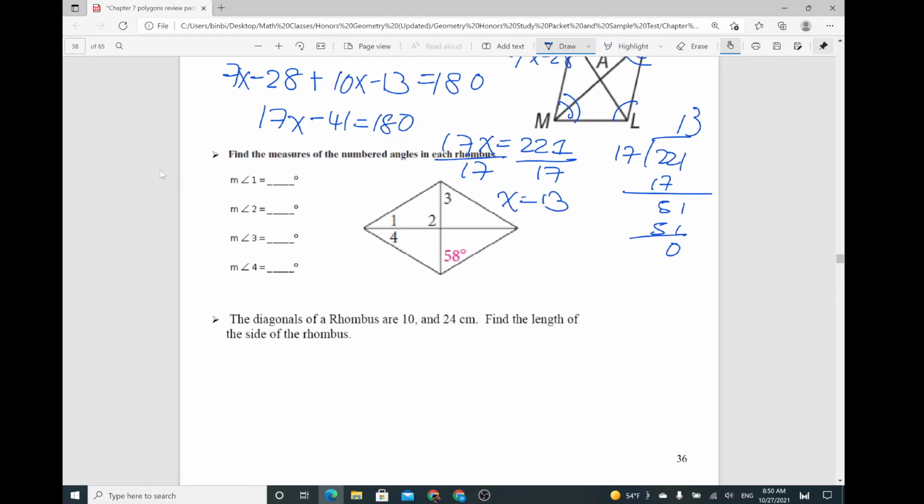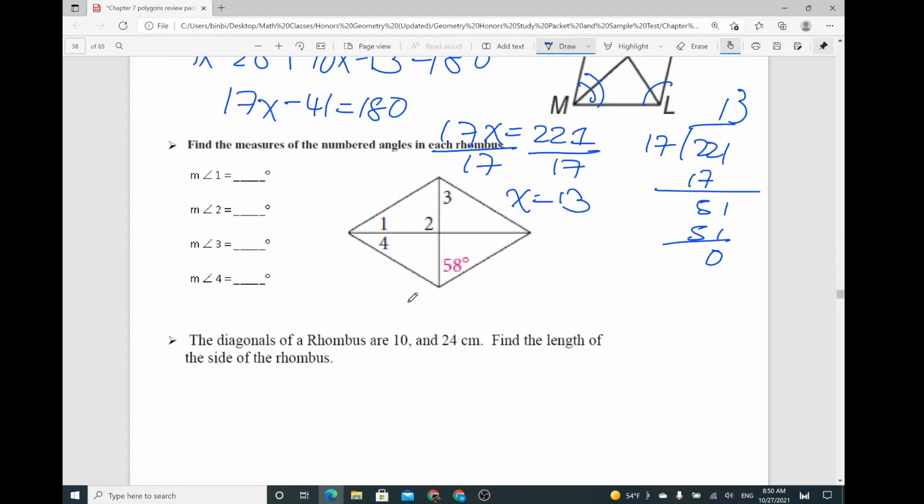Okay, the next one: find the measure of the numbered angles in each rhombus. The measure of angle 1. One thing that we notice, this one is 58, so the other angle here is also 58. And the diagonals of the rhombus are always perpendicular to each other, so this one is 90 degrees.